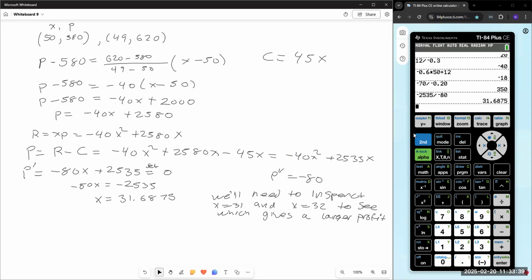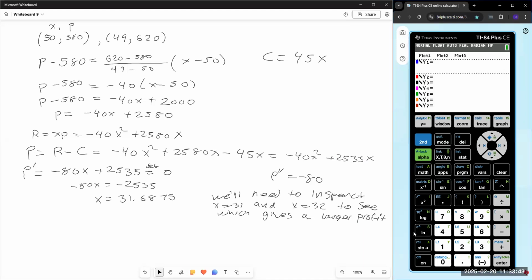So let's go ahead and stick my profit function in here of negative 40x squared plus 2535x, and make sure your table settings are set so your independent variable is on ask. And let's check out what happens when x is 31.